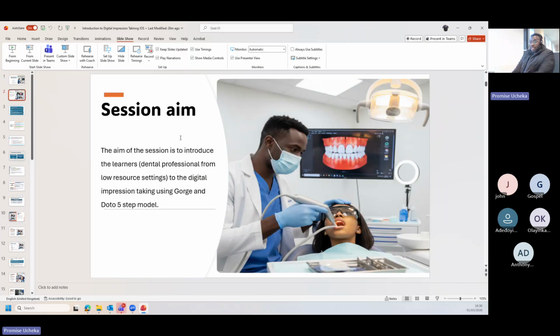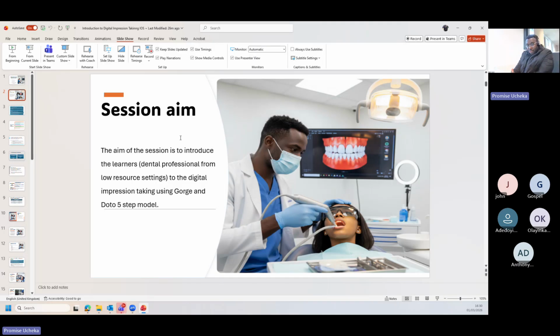The aim of this session today is to introduce dental professionals to intraoral scanning. I have generally designed this for dental professionals in low resource settings, so you're not in a high income country. I know that predominantly you are in Nigeria.